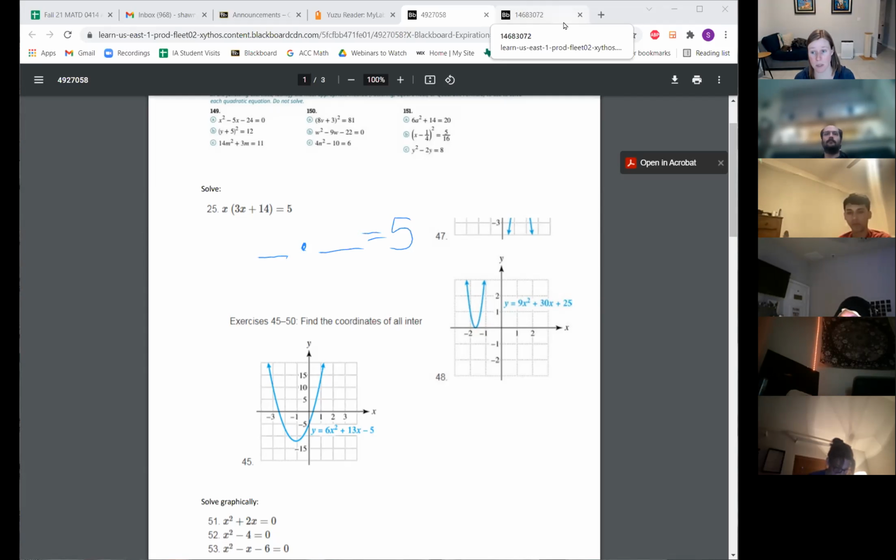That only works with 0 because 0 is a handy number: when we multiply 0 by anything, we get 0. But if you split up a 5 like that, you have no idea what those 2 parentheses multiply to get the 5. You mean the only method we can use is when we have equals 0, not equals a number? Exactly, because you have no idea what numbers multiply together to equal the 5.